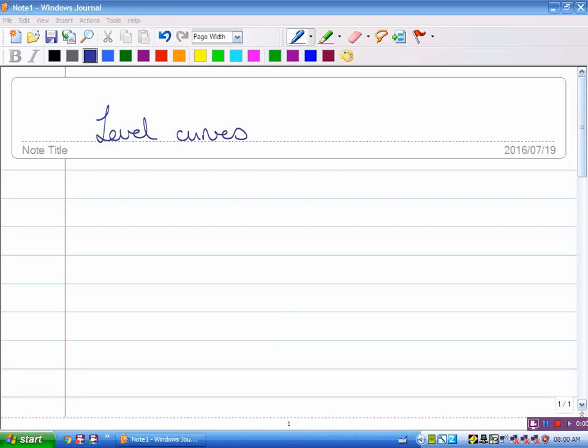All right, so level curves. This is another name for contours.